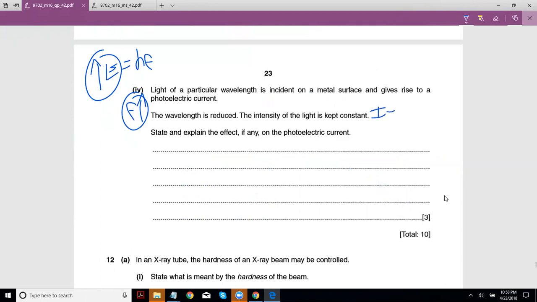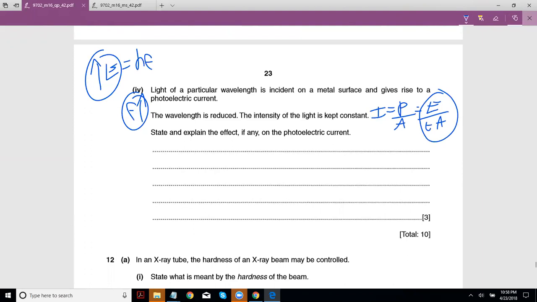What was intensity? Intensity was power upon area. The point is that photoelectric current depends on the number of electrons emitted. E is equal to hf. However, we're saying the wavelength is decreased.